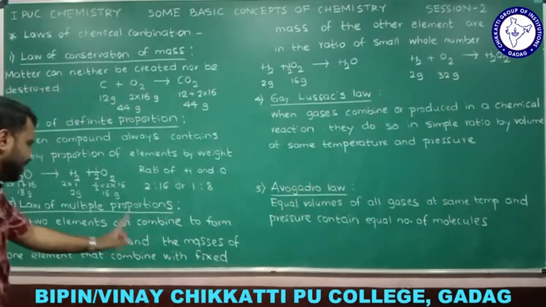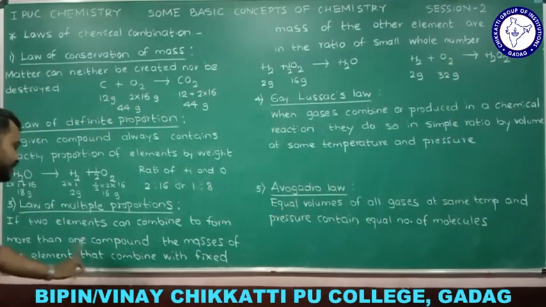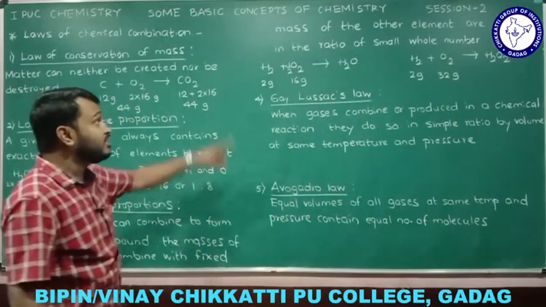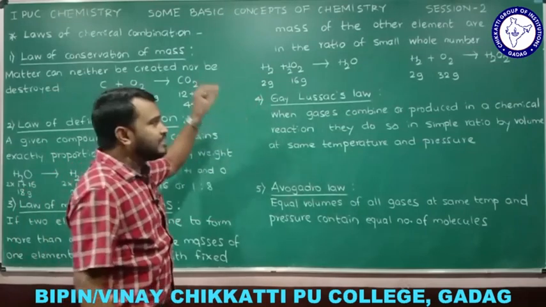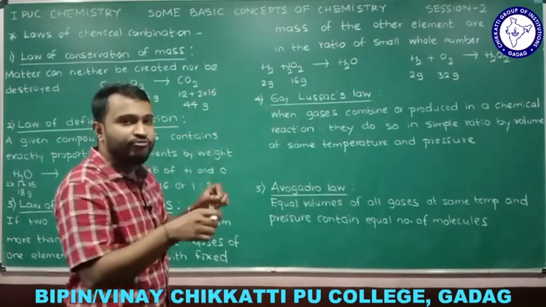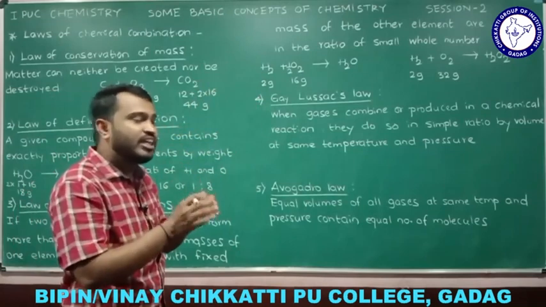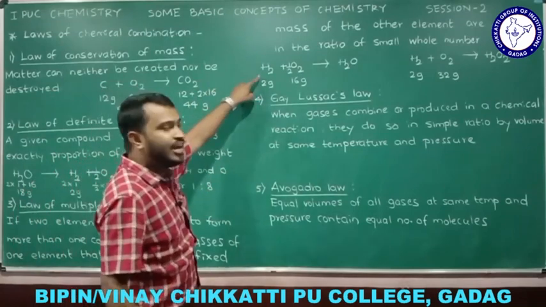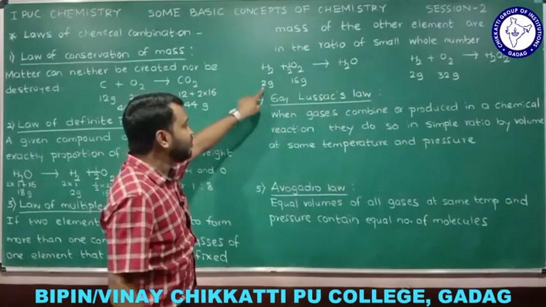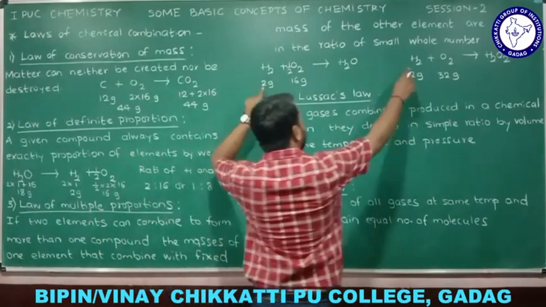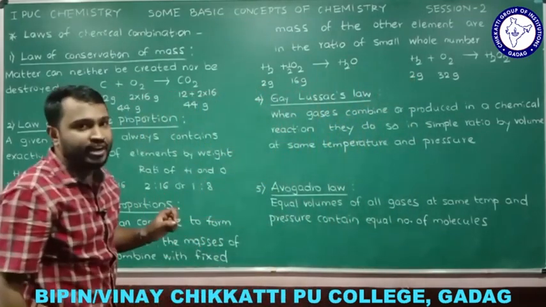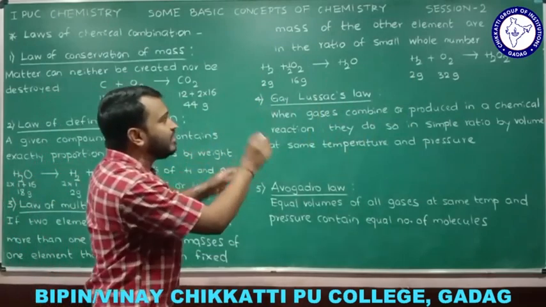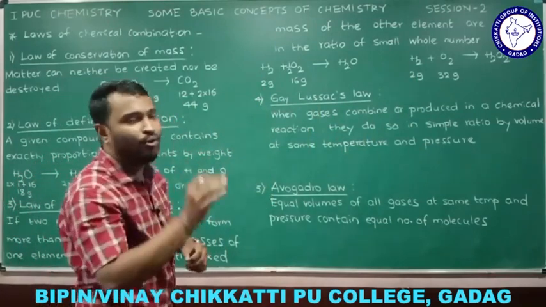Okay, so now we'll see the masses of one element that combines with the fixed mass of the other element. Out of these two, hydrogen and oxygen, we have to see which element has the fixed mass, and that is hydrogen. In this case the mass of hydrogen is 2 grams, and in this case also the mass of hydrogen is 2 grams. The oxygen is going to be varied, and if you take the ratio of that, it will be a simple whole number ratio.